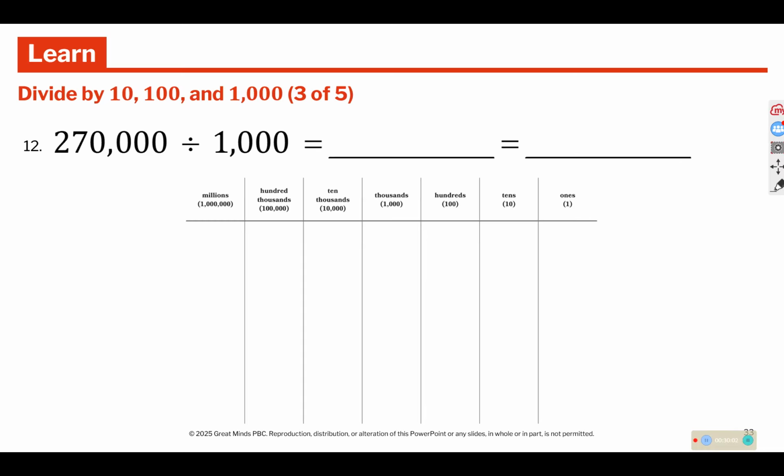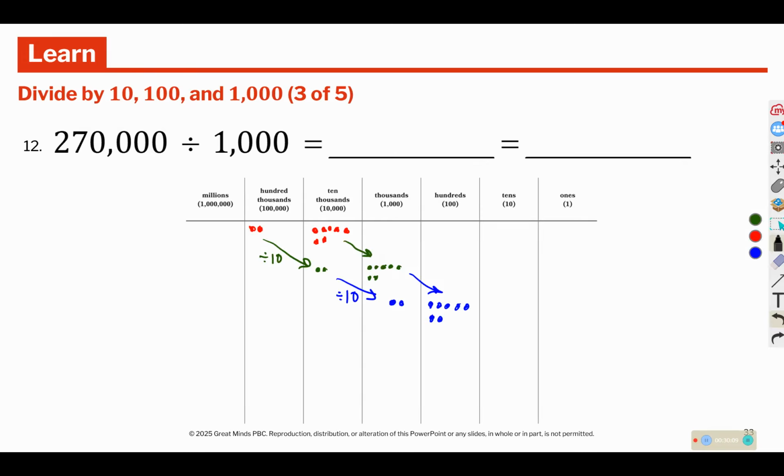What would happen if instead we divided by 1,000? Well, 1,000 is 10 and 10 and 10. So this is 270,000 divided by 10, 10, and 10.